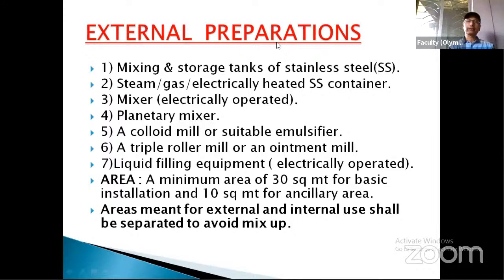whenever we discuss this area, that is the basic area or the ancillary area, depending on the size of your factory, how many different types of dosage forms you are preparing, and what is the quantity, depending on this you have to decide the size, or your regulatory officers will tell you that this much area is required for proper maintenance of the GMP.